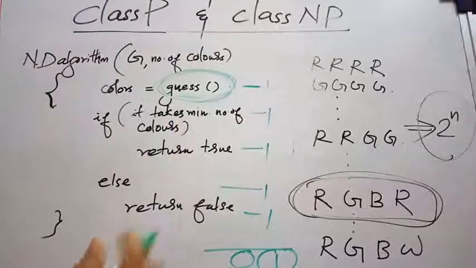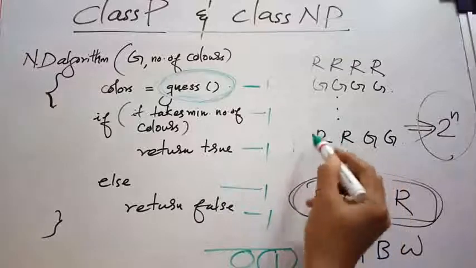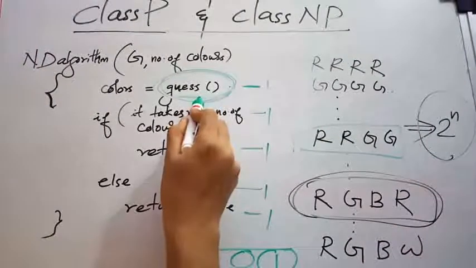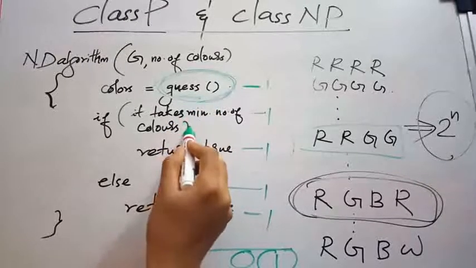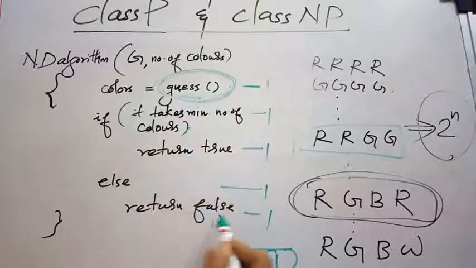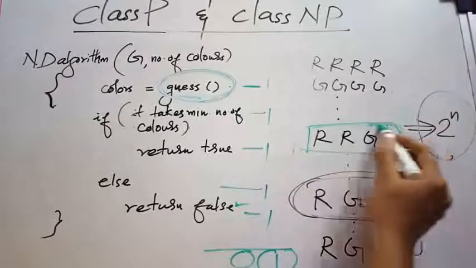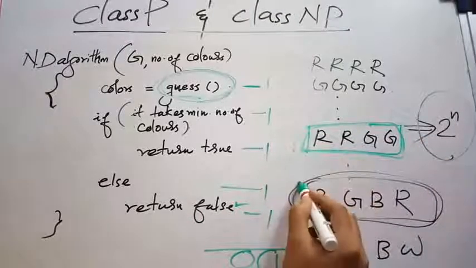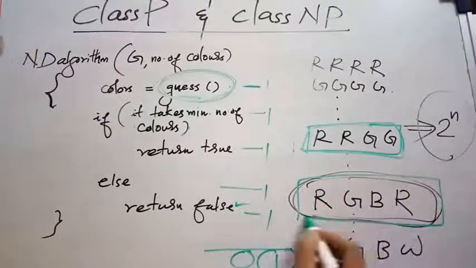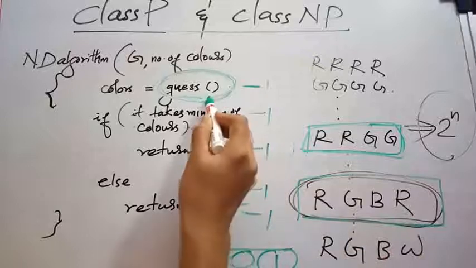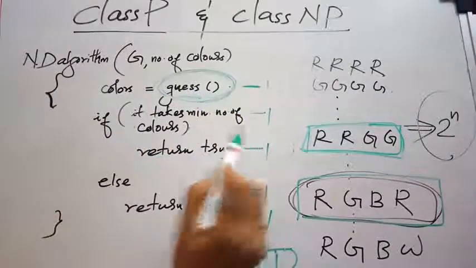Is it clear? Suppose we are inputting this particular solution here. According to the conditions given, it will return false, right? So we can say that the solution is not feasible. But when we insert this one as an input to this algorithm, the guess solution returns true.